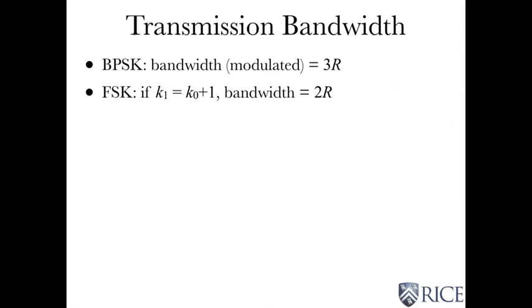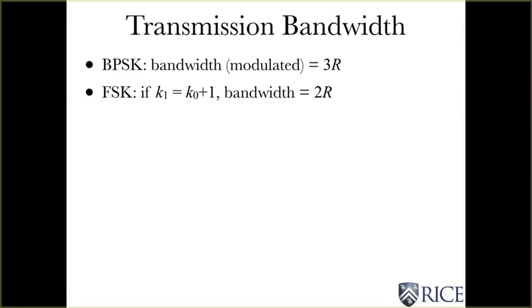All right? So it's interesting to compare BPSK and FSK. Since FSK is a modulated signal set, to be fair, we need to consider a modulated version of BPSK. So we found that the bandwidth for BPSK is 3 times the data rate. Well, it turns out if you use adjacent harmonic numbers, the bandwidth for FSK is more efficient.